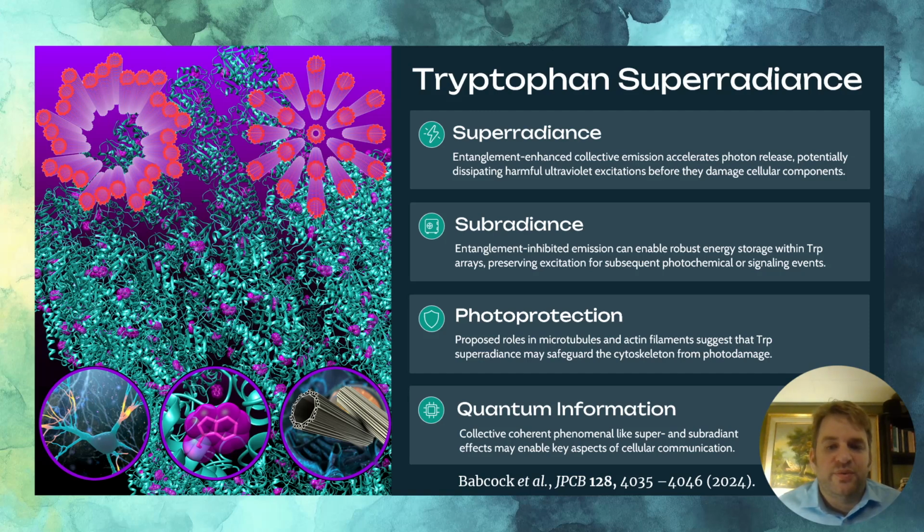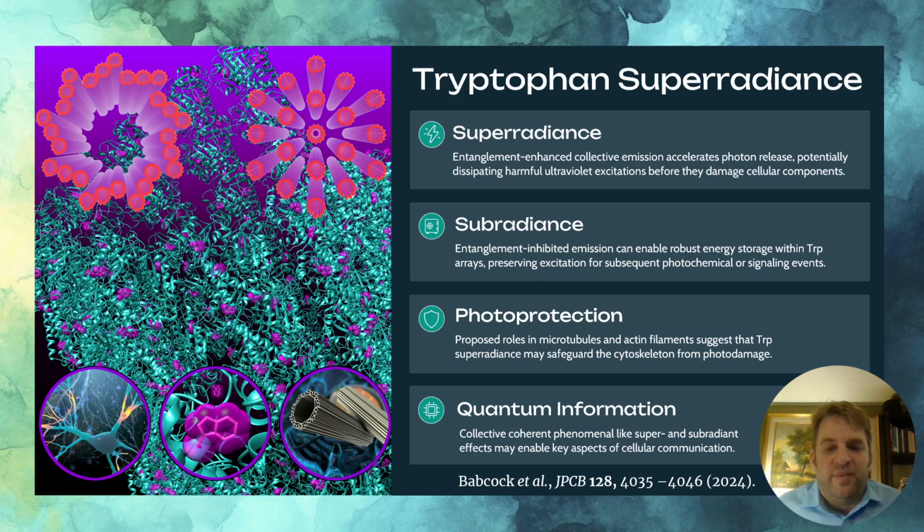Now, the presence of superradiance is accompanied by another effect called subradiance. Rather than rapidly re-emitting captured photons, a subradiance effect does the opposite. It stores the energy from a photon within the tryptophan array, preserving the exciton for subsequent photochemical or signaling events. Now, what is really interesting is that either superradiance or subradiance could play a significant role in photoprotection.